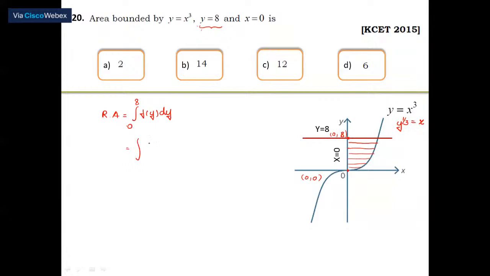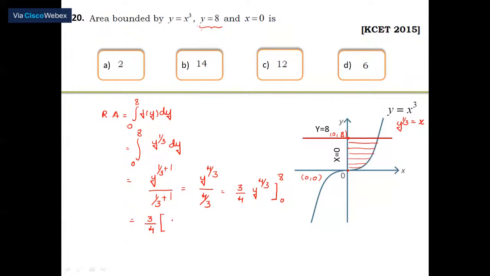So it is integration of y power 1 by 3 into dy between the limits 0 to 8. And integration of y power 1 by 3 is y power (1 by 3 plus 1) divided by (1 by 3 plus 1), or directly you can write that as y to the power of 4 by 3 divided by 4 by 3, or it is 3 by 4 into y power 4 by 3 between the limits 0 and 8.